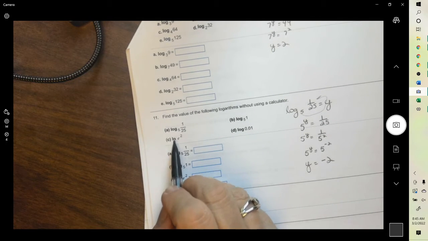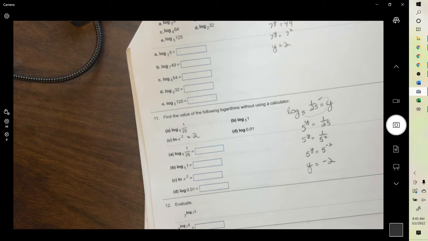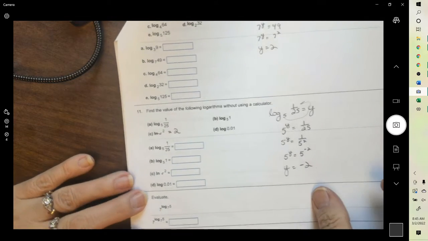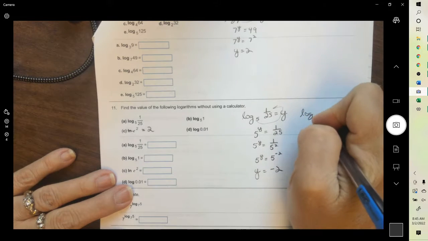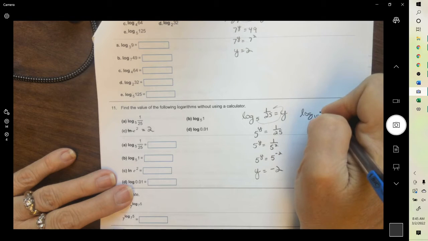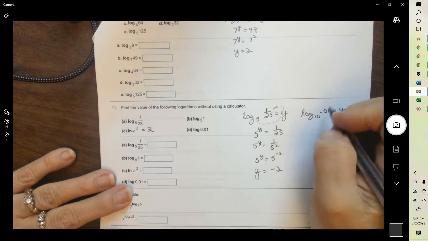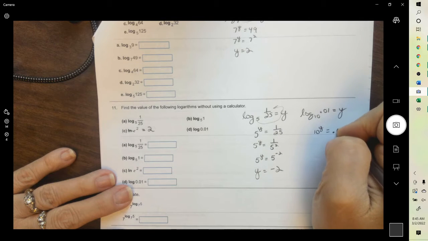This one here, the natural log and the exponent, remember they're inverses, that cancels and leaves 2. This one here, remember when there's no base, it's base 10. So then we would rewrite it. 10 to the y equals 0.01.